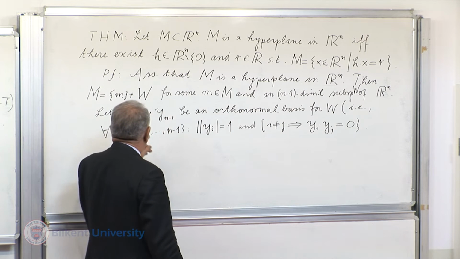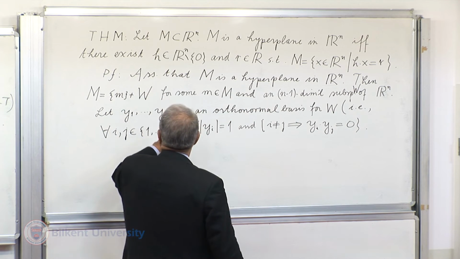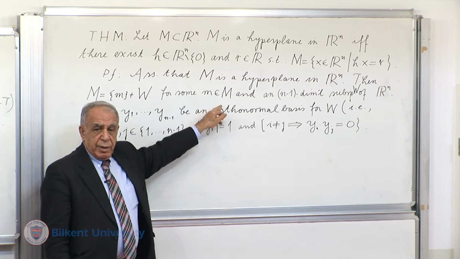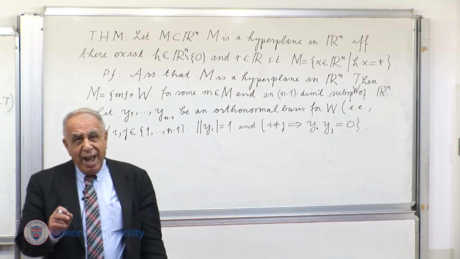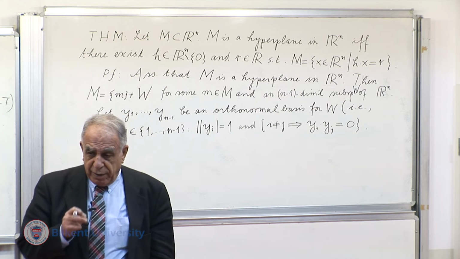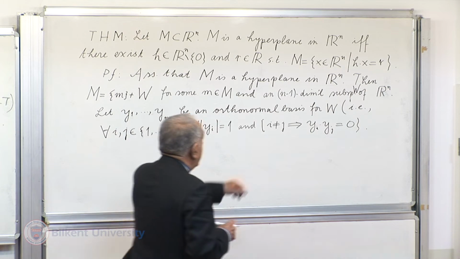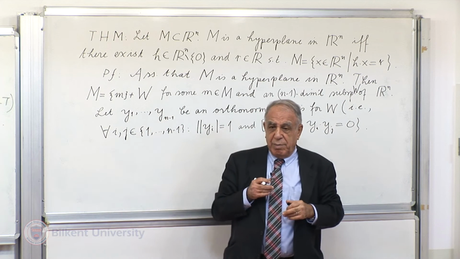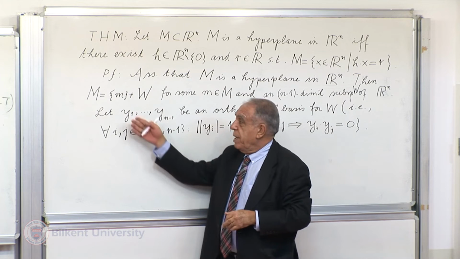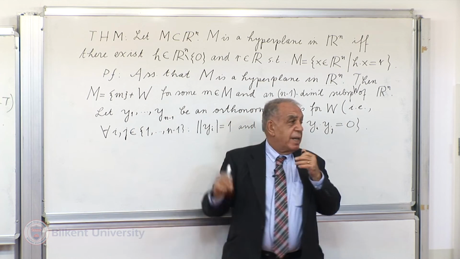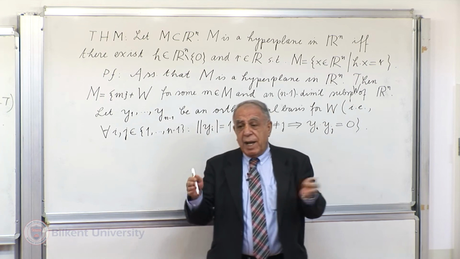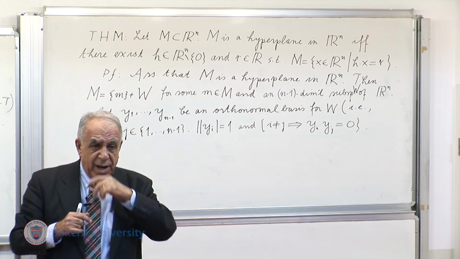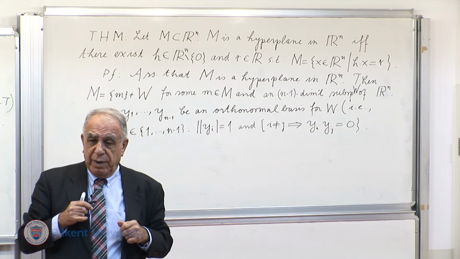But now, this m here is a member of cap M. So if we find a candidate for a normal vector, a non-zero vector which will do the job as h, then r will automatically be determined. m should be in cap M. If h is given, for m to be in this set, h dot m will be equal to r.